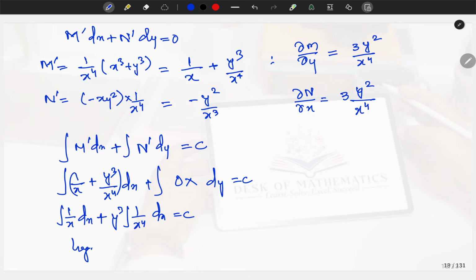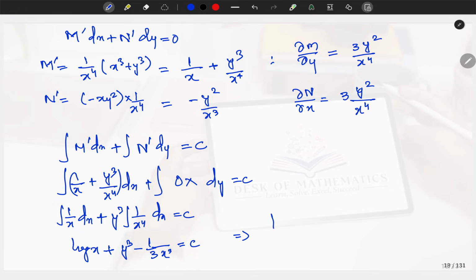So that is log of x plus y cube, and here it will go minus 1 by 3 x cube, is equal to c.